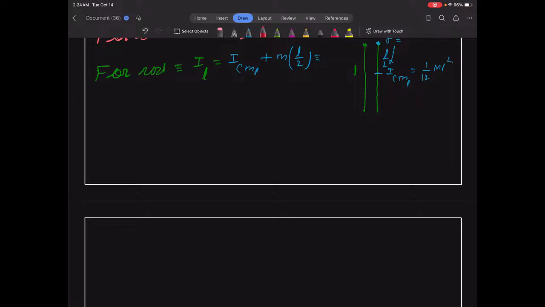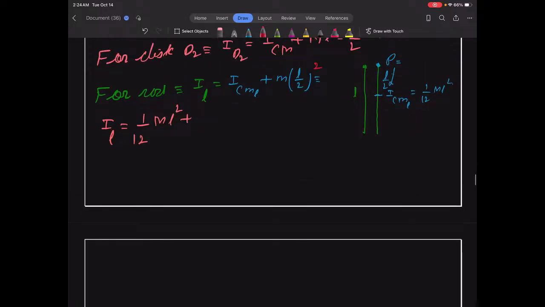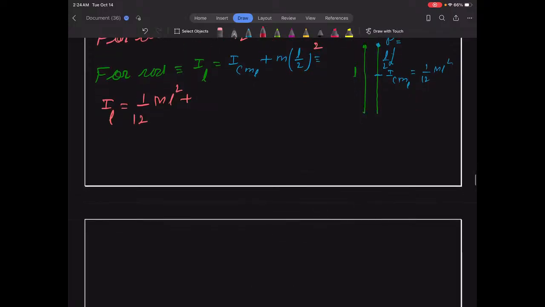So let me substitute it. Moment of inertia for the rod about the pivot point will be equal to 1 by 12 ml square plus this will be our square. So I missed it, that's why. So this will be coming as ml square upon 4.